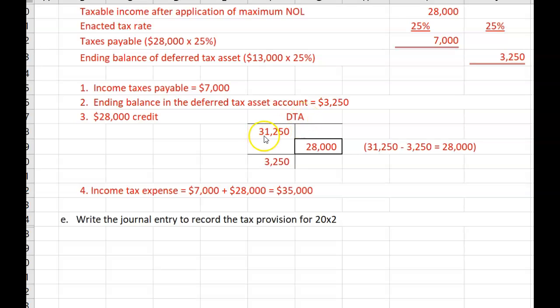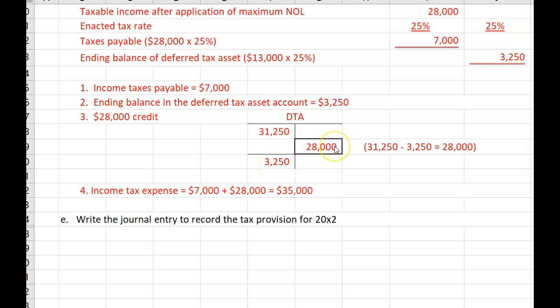At the end of 20X1, we debited that account for $31,250. We know that the ending balance in the deferred tax asset at the end of 20X2 has to be $3,250. So what has to happen to the account to move the beginning $31,250 debit to an ending $3,250 debit?